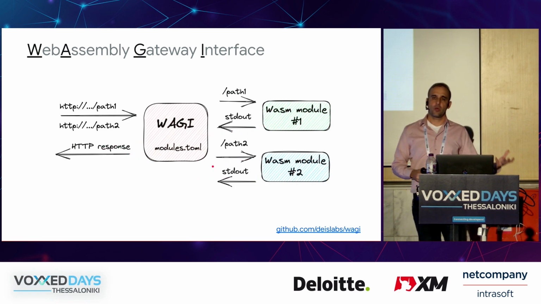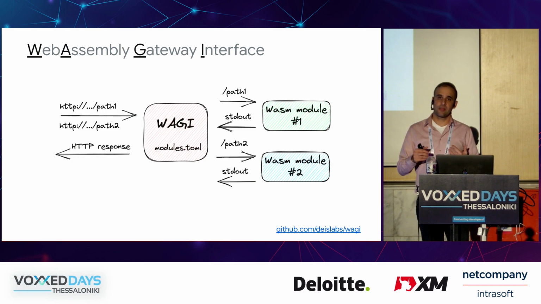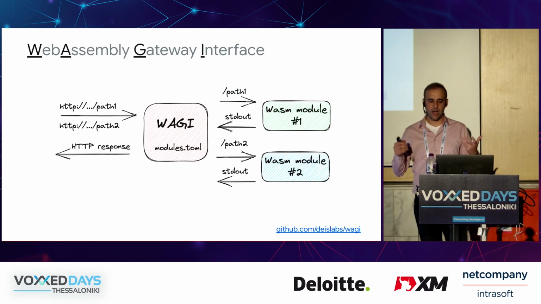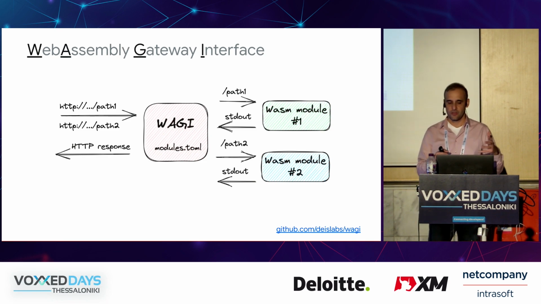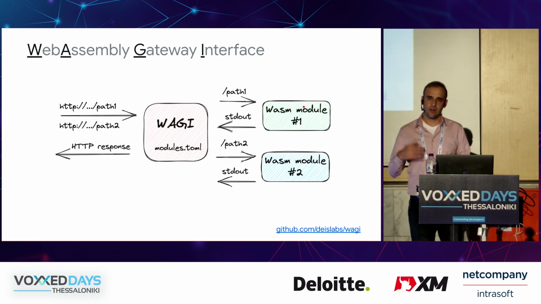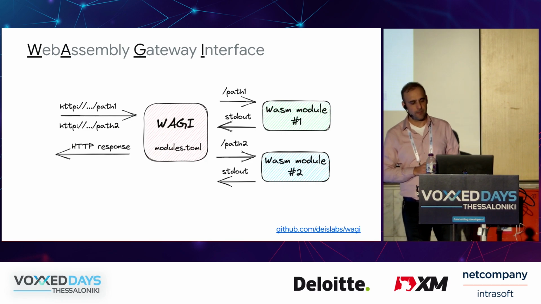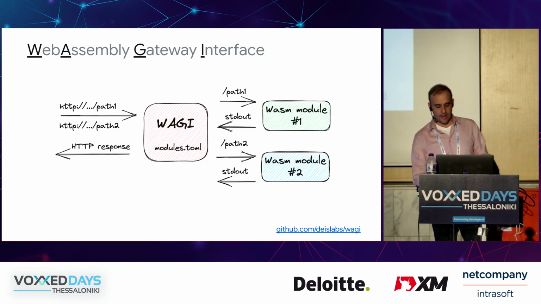When an HTTP request comes in, WAGI takes that request and converts it into a command line kind of request, and then your module reads that as a command line request, which is kind of weird. So you're not reading HTTP, you're reading command lines, but it's actually HTTP. And to reply back, you write back to the command line. It's kind of like CGI scripts, if you remember them, but for WebAssembly.